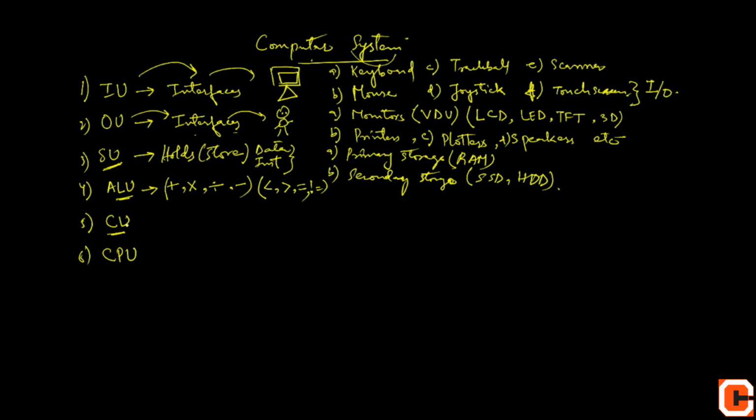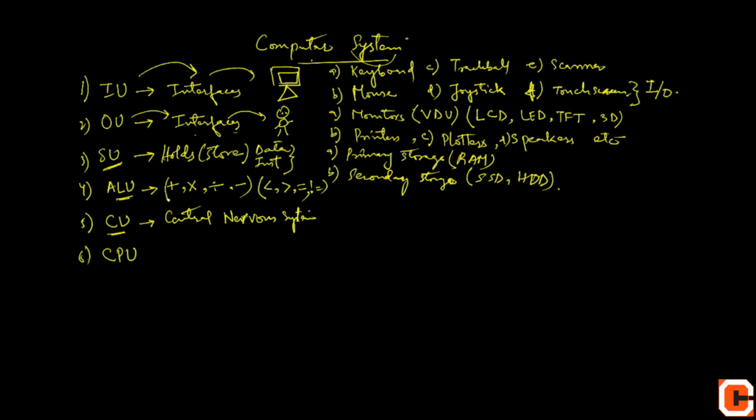We can say a control unit does not perform any actual processing of the job, but acts as a central, this is the important point, central nervous system for other components of the computer system. It manages and coordinates the operations of all other components.